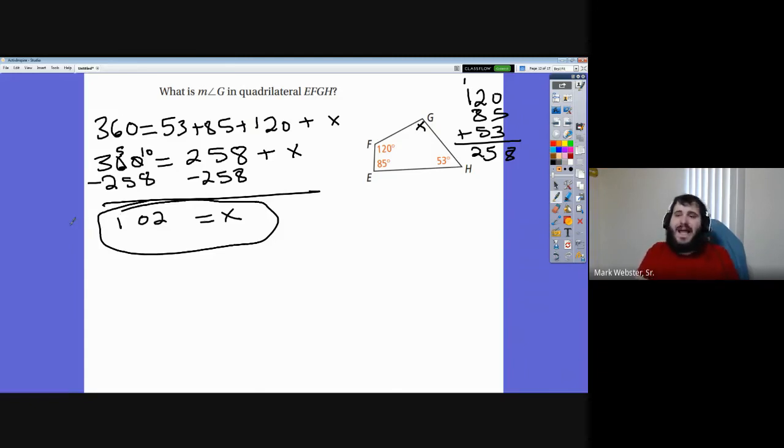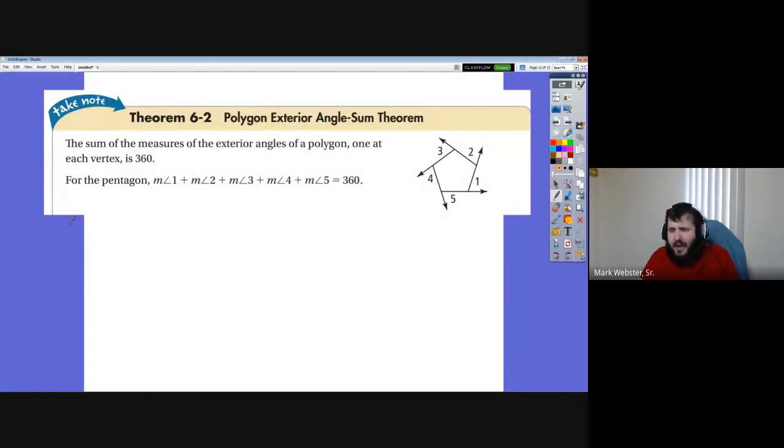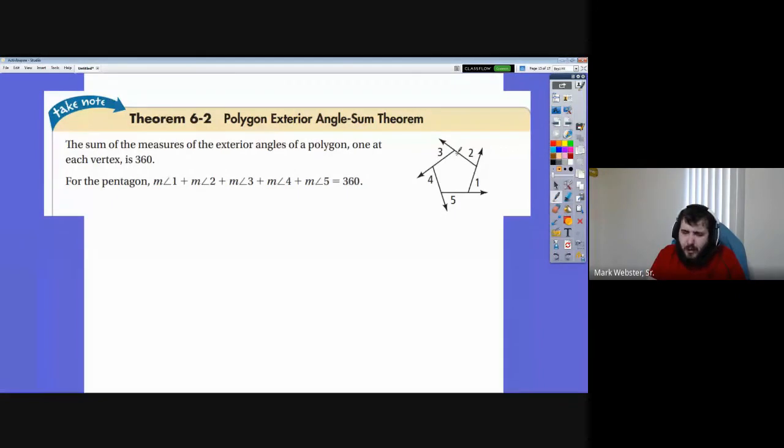All right, our last idea here. So we talked about what all the ones on the inside add up to, but if we have our exterior angles, it doesn't matter what number we have, how many sides, how many whatever, the answer is always 360 when we add them all up. That's what this is saying.